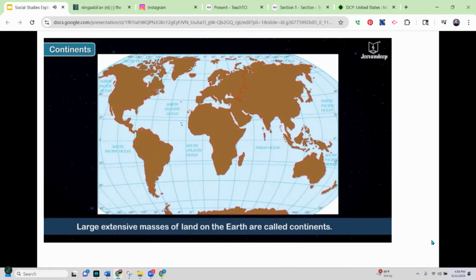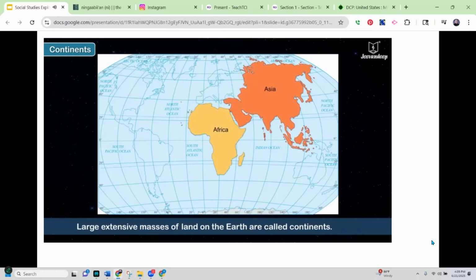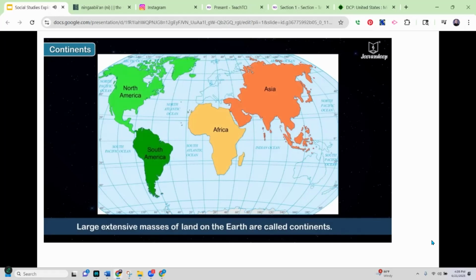Large, extensive masses of land on the Earth are called continents. Asia, Africa, North America, South America, Europe, Australia, and Antarctica are the 7 continents on the Earth.